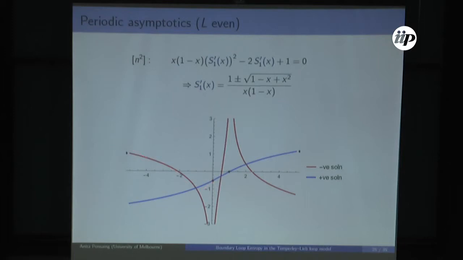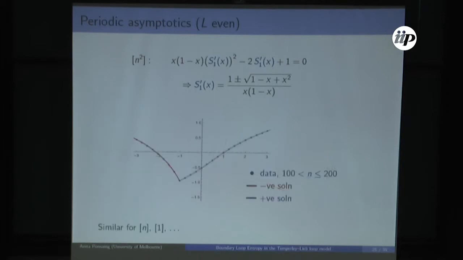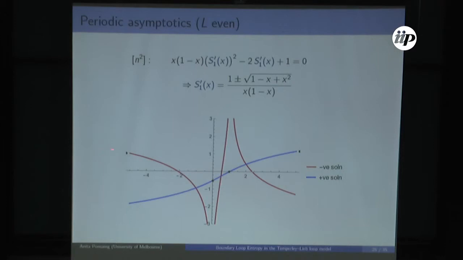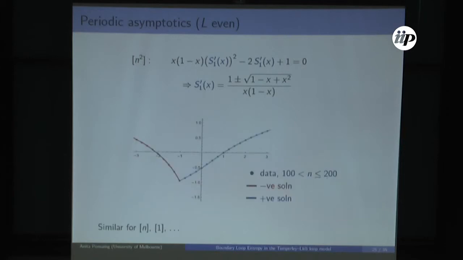So it has to be not differentiable somewhere, but if we want it to be continuous, then it seems that what we should take is the red one up to x equals -1, and then the blue one for x bigger than -1. And that's actually what we find the data follows.